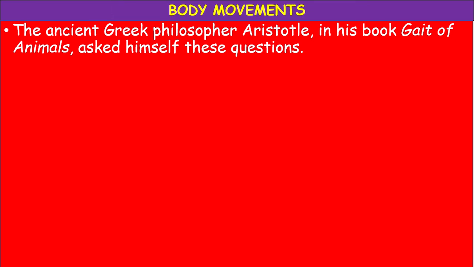So next, come to the body movements. In that, the ancient Greek philosopher Aristotle, in his book Gait of Animals, asked himself these questions.